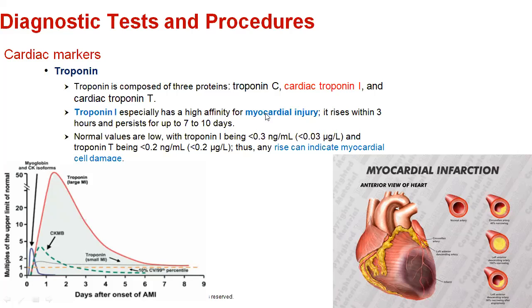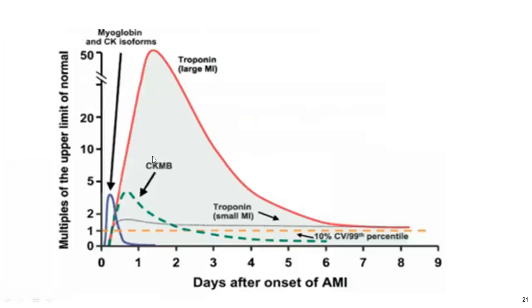There are three cardiac markers or enzymes: troponin C, cardiac troponin I, and cardiac troponin T. Troponin is the most specific for heart. Other cardiac enzymes are CKMB, or myoglobin.